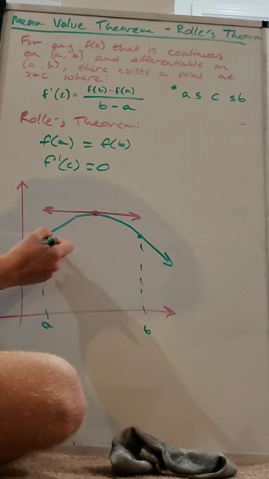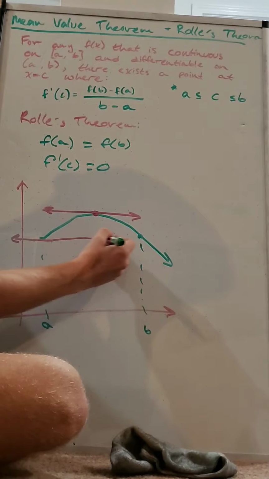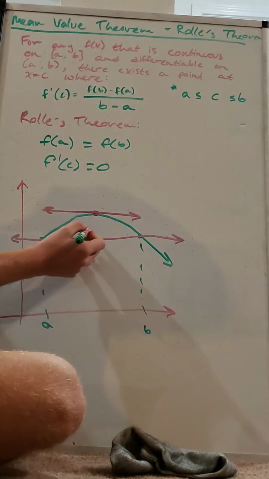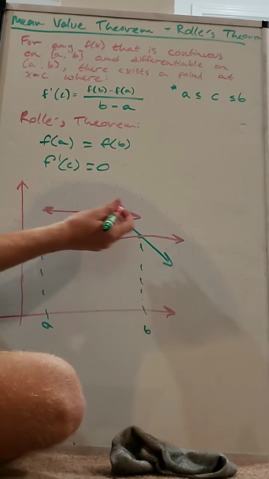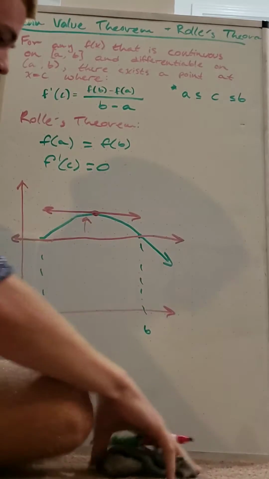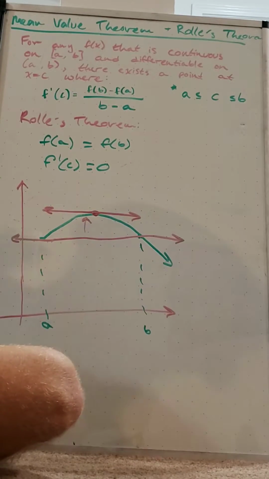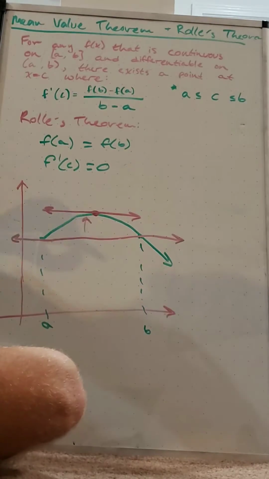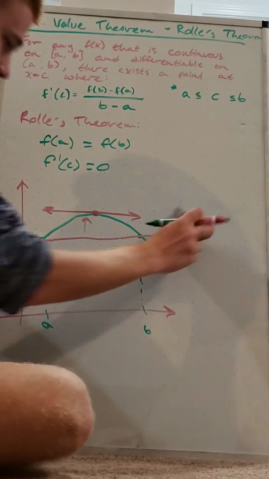Because that would be the average rate of change of this function on this interval. You can always slide it to somewhere where it's tangent. That's all the mean value theorem states. And Rolle's theorem is just a special case where the two endpoints are the same, so that means the derivative equals 0 at some point.